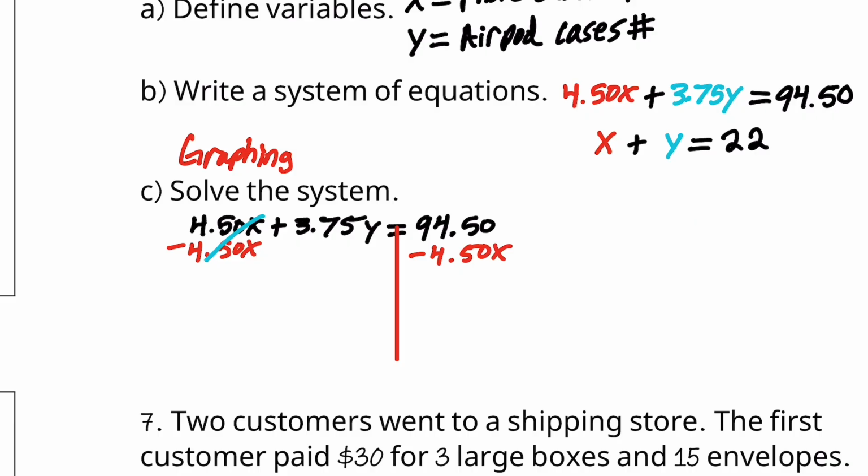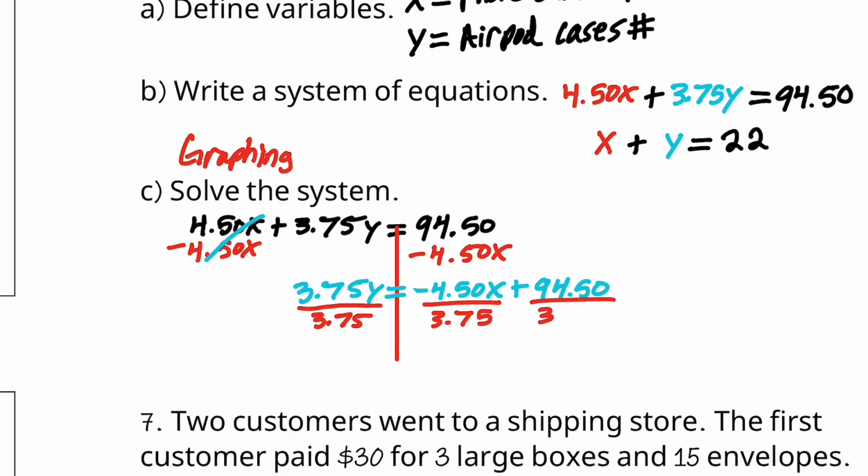450 and 450 goes away, and I'm left with 375. y is equal to negative 450x plus 9450. My last step is to divide everything by 375. Again, I'm going to keep these fractions as fractions.